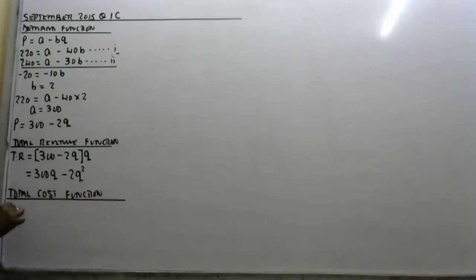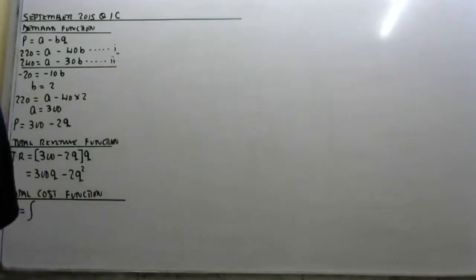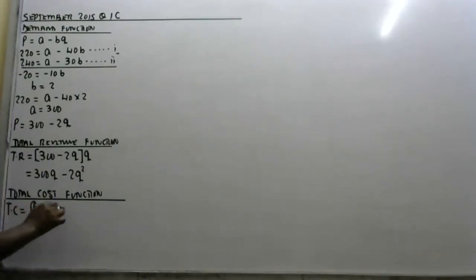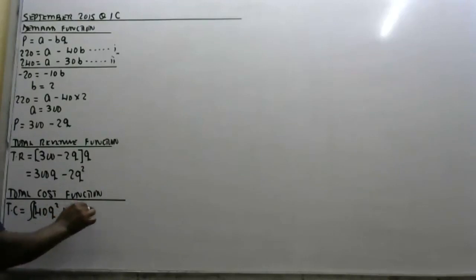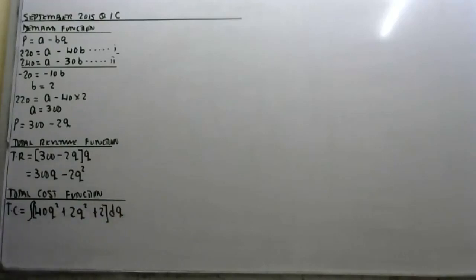Now the TC is going to be the integral of the marginal cost function, which is given as 40Q plus 2Q squared plus 2 with respect to Q. So when you integrate this, it will be 40Q.